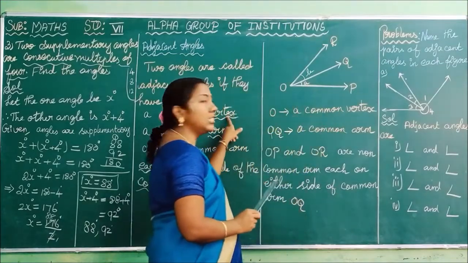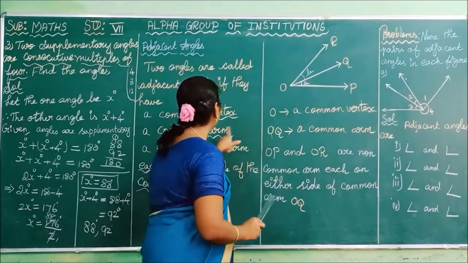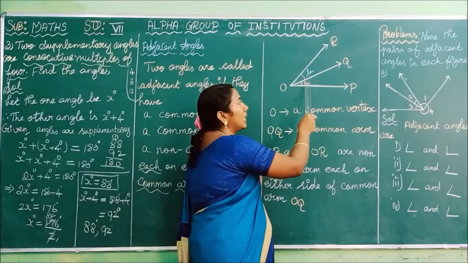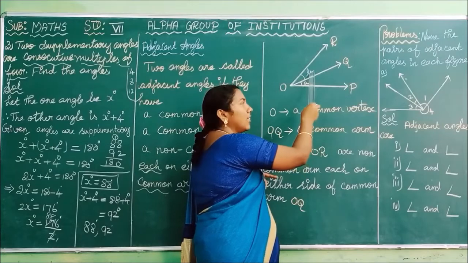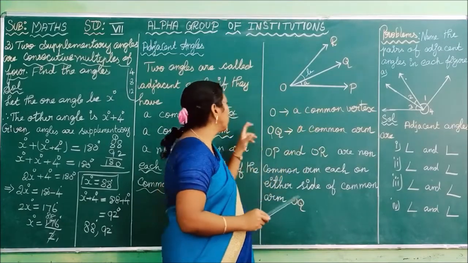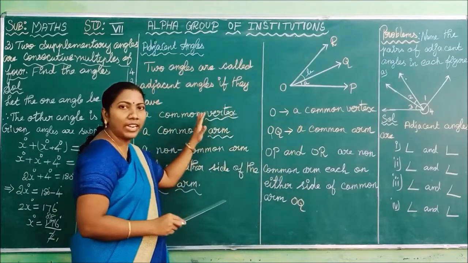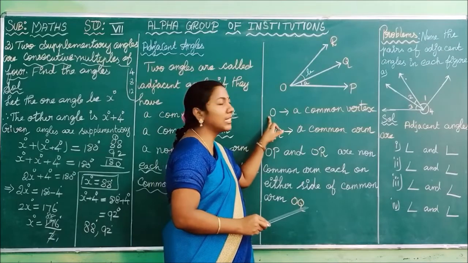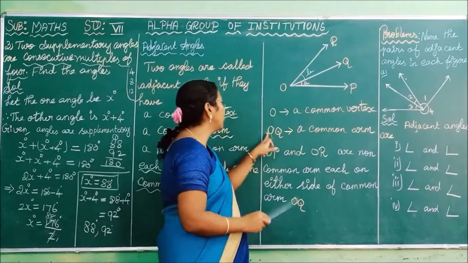So the first condition is satisfied. And then it should have a common arm. See here, we are considering the two angles. One angle is A and another angle is B. Now we are going to check whether they are adjacent angles, whether they satisfy the definition. So the first condition is satisfied. There is a common vertex. Next we should have the common arm.